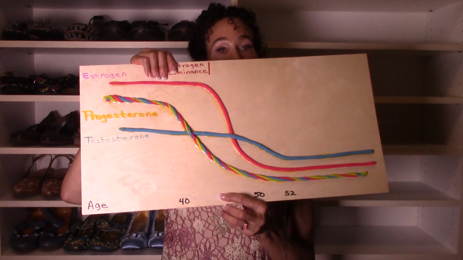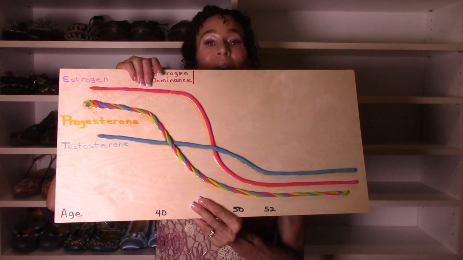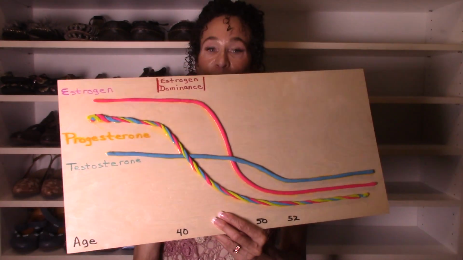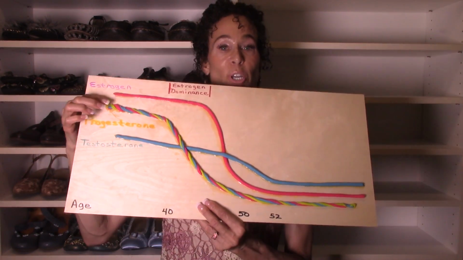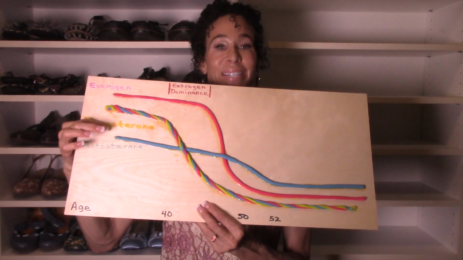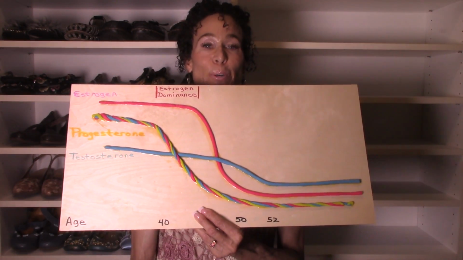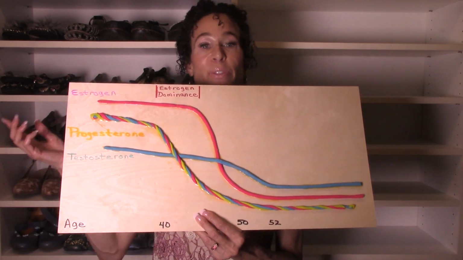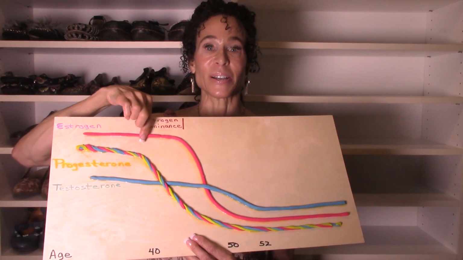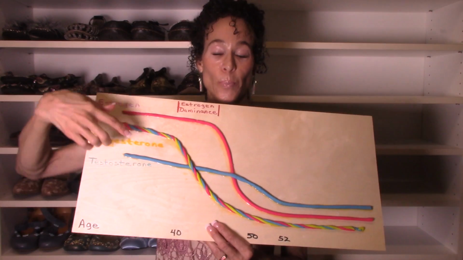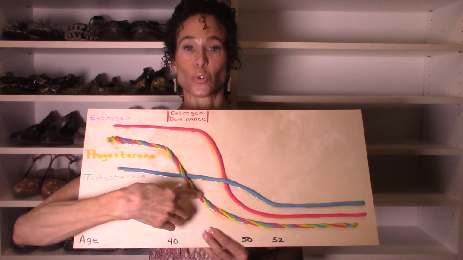So, here's my Play-Doh demonstration of what happens to your hormones during menopause. Once again, estrogen is pink, progesterone is multicolored, and testosterone is blue. And here you see that the first thing that happens when you start perimenopause is that your progesterone drops.